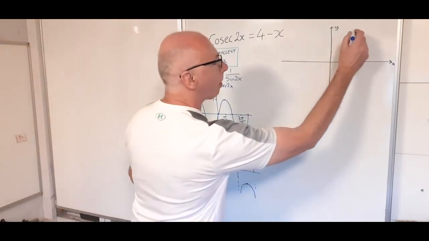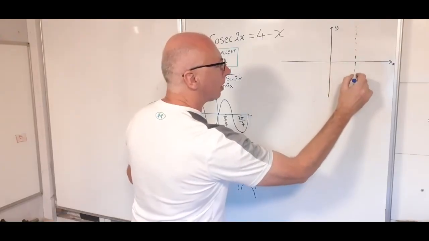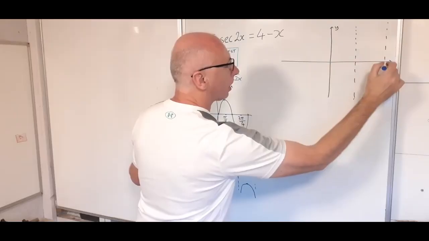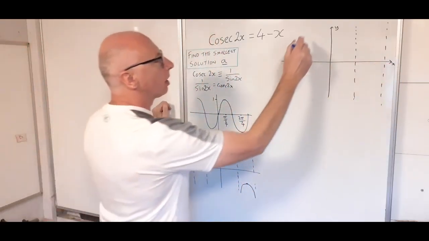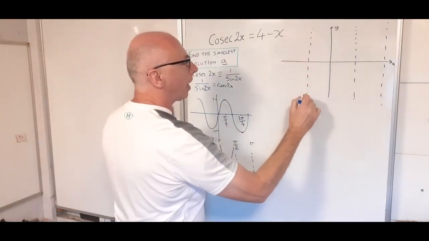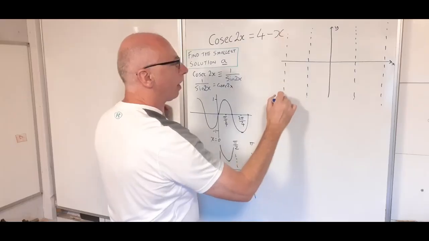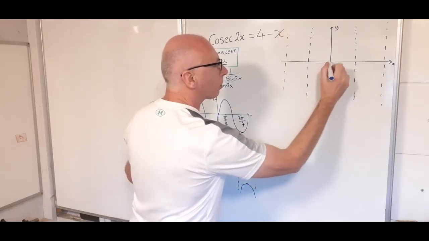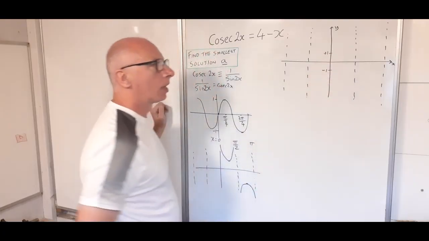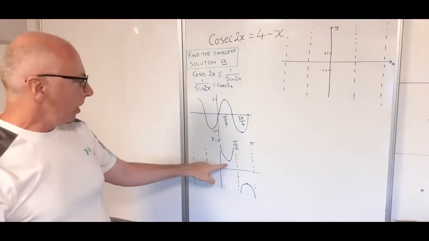So let's just pop that on here now. Let's just get the first 2 in. Obviously we want the smallest value a, so we don't need to go too crazy. So just put that one there, and then that one there. Let's put our minus 1 and plus 1. Then let's sketch these ones in.